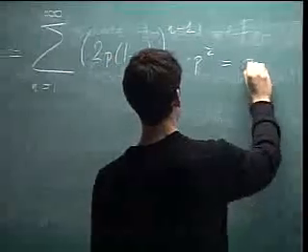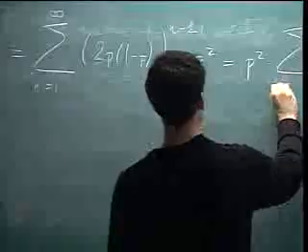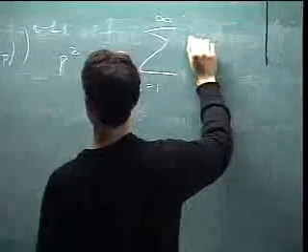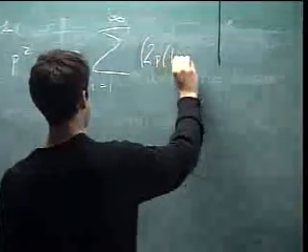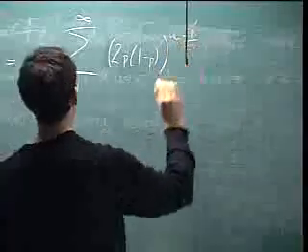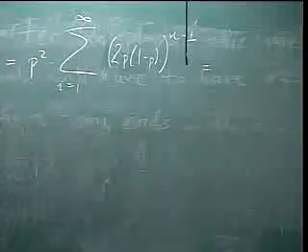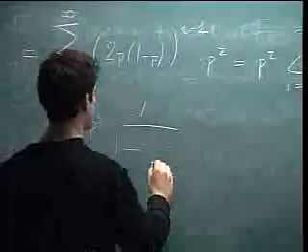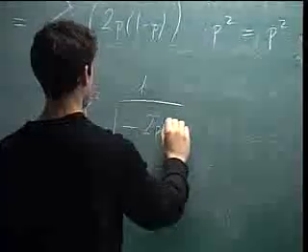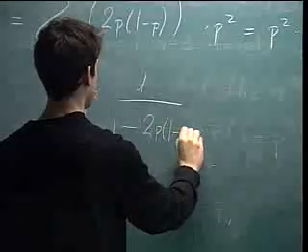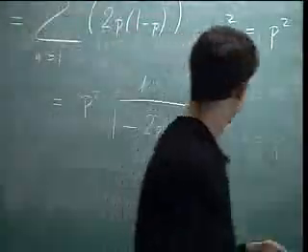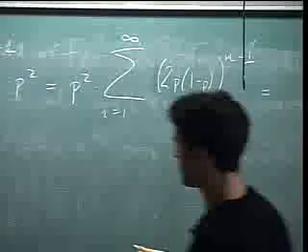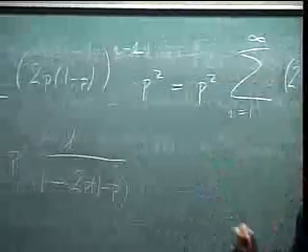So we take the p squared outside, and we get the sum from n equals 1 to infinity, and this is just the geometric series, right? 1 minus p is just less than 1. Geometric series, I'm assuming everyone knows.